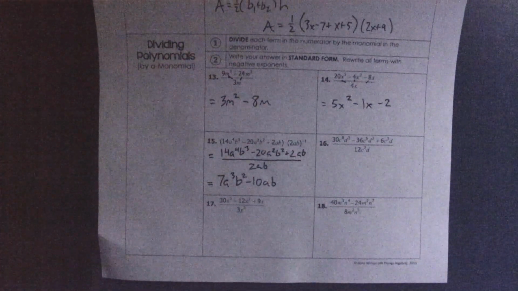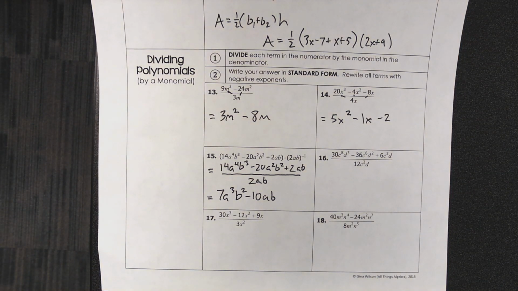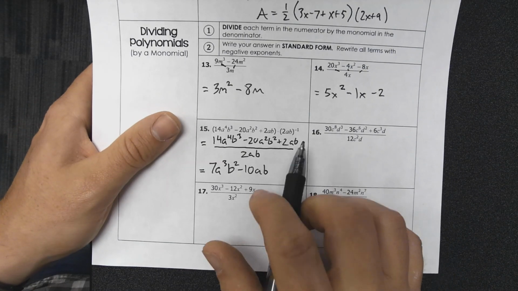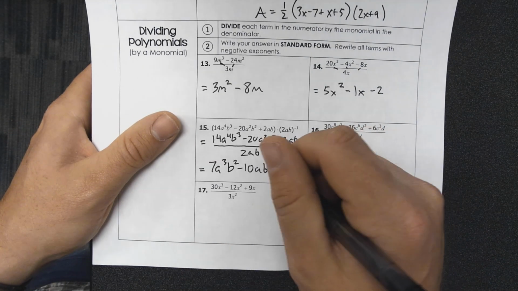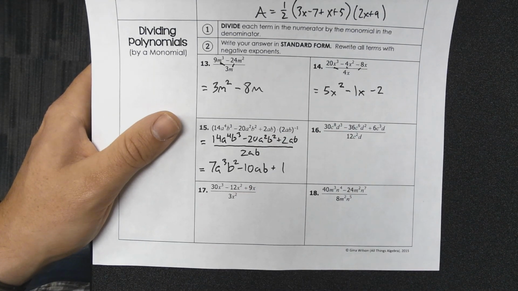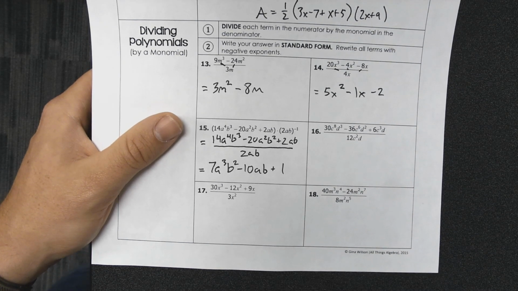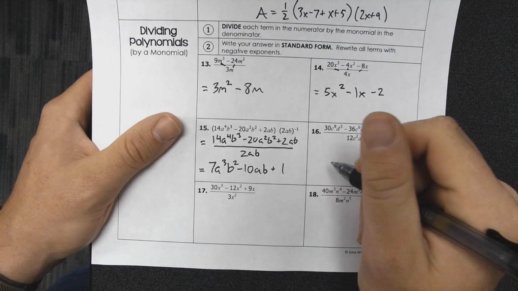B squared divided by b is b. And then 2ab divided by 2ab equals 1. Remember, anything divided by itself will equal 1. All right. Let's go ahead and take a look at 16.